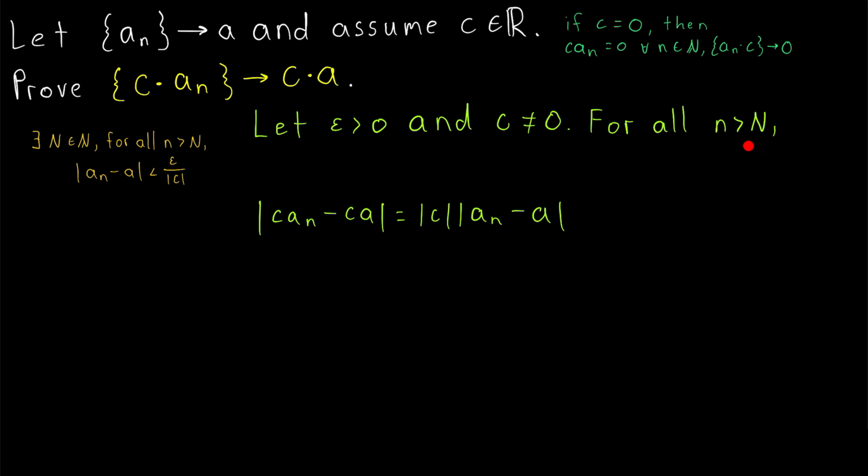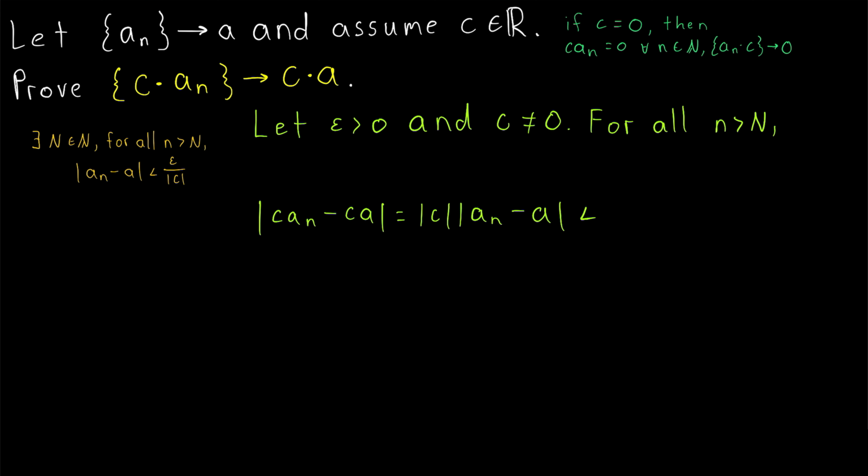Then, for all n greater than big N, where big N is taken to be the one that we got over here, we consider the distance between terms of our sequence, c times a_n, and our supposed limit, c times a. We know that this is equal to this, factoring out the absolute value of c, and then since n is greater than big N, we know that the absolute value of a_n minus a is less than epsilon over the absolute value of c.